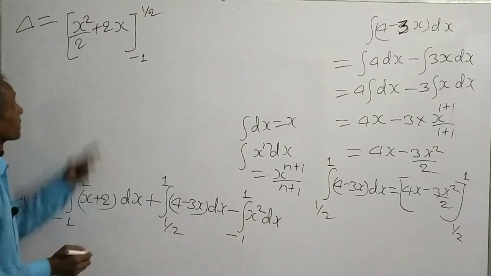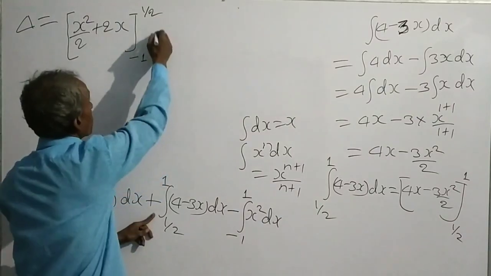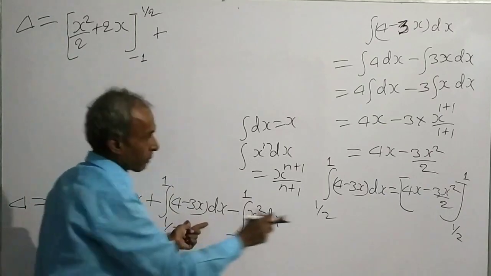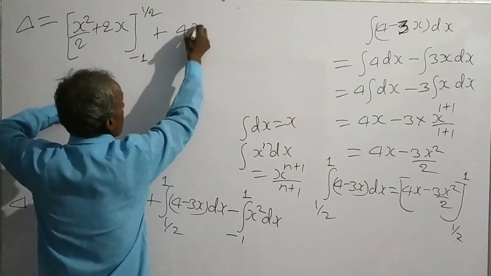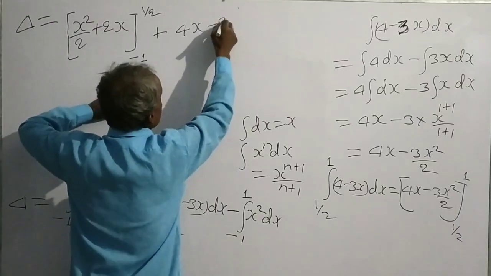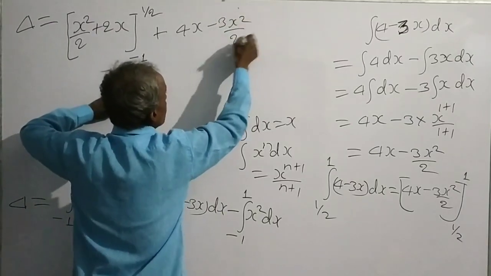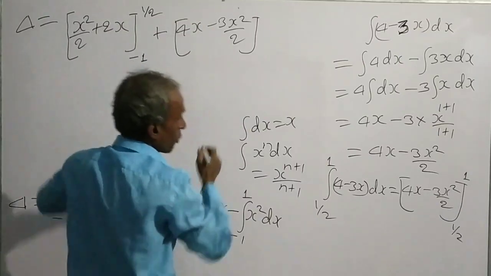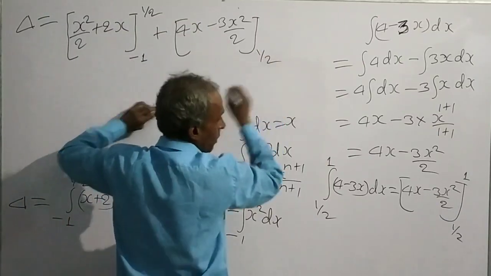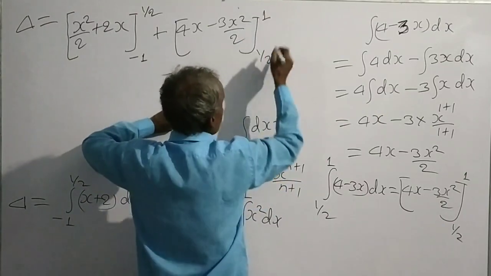Therefore, this plus the value of this, 4x minus 3x square by 2, from 1 by 2 to 1.